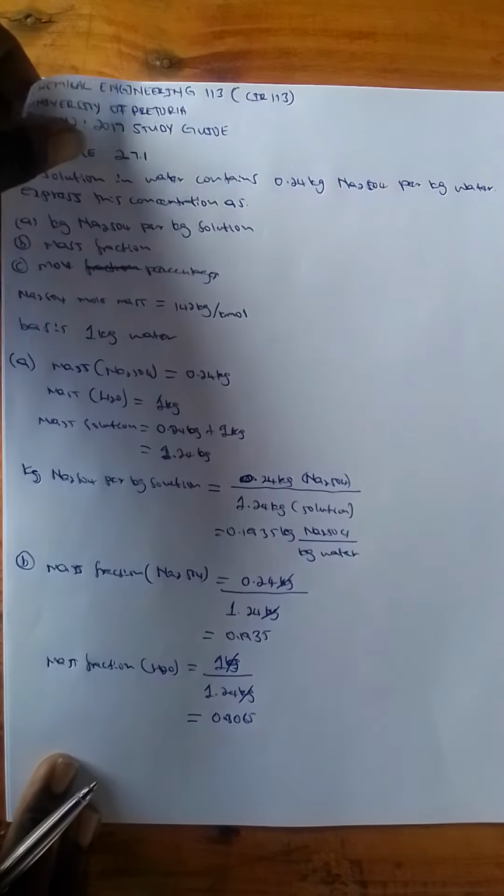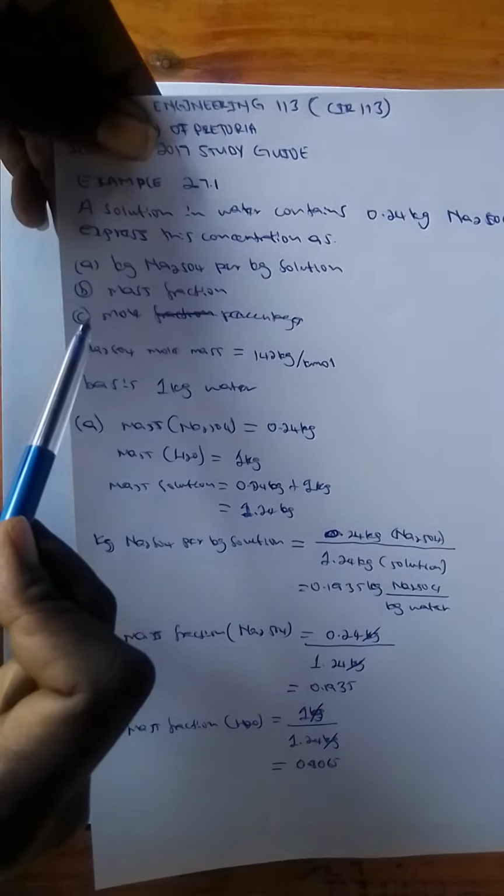Now going to C, our third question says they want the mole percentage. Now that we're going to be working with moles, we need to calculate the moles of both the Na2SO4 and also the moles of the H2O. So let's start with Na2SO4.